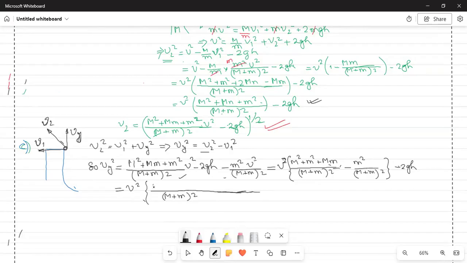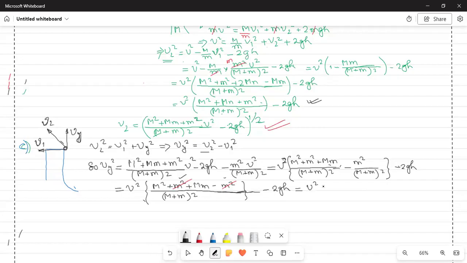In the numerator, we have capital M square plus small m square plus capital M multiplied by small m minus small m square. So the second bracket closes here, minus 2gh. Now this small m square and small m square get cancelled. So this is equal to v square.